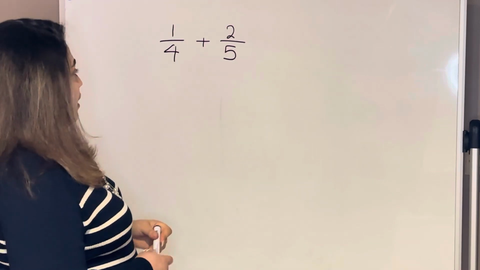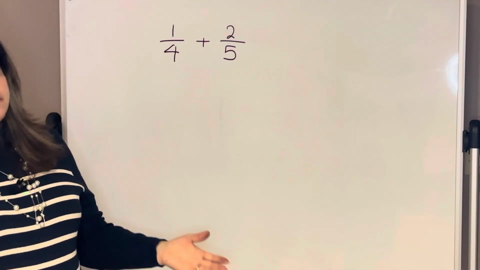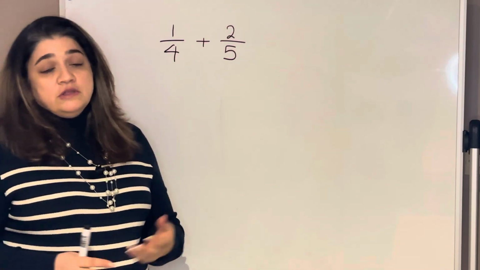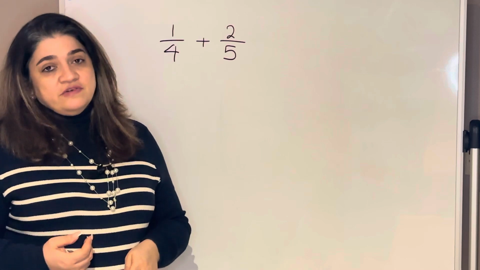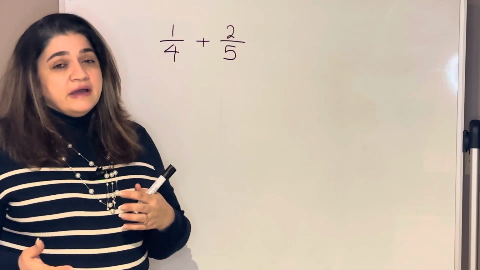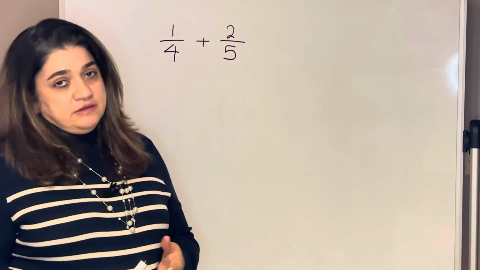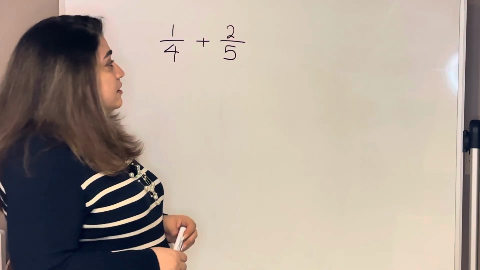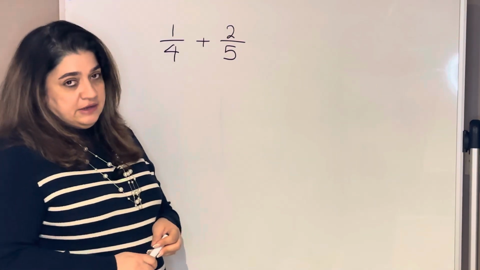So you need to make the same denominator. In the previous video I mentioned, for comparing fractions or putting them in order, you need to have the same denominator. So we use exactly the same method to make the same denominator.